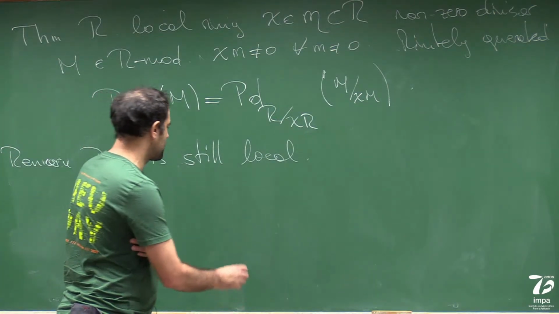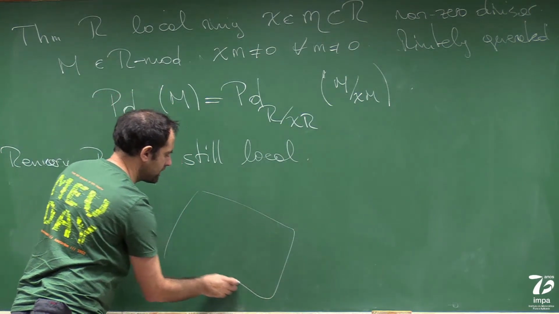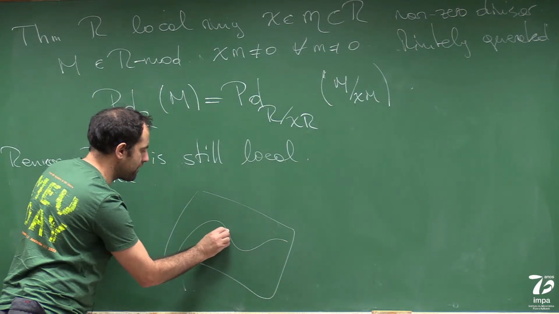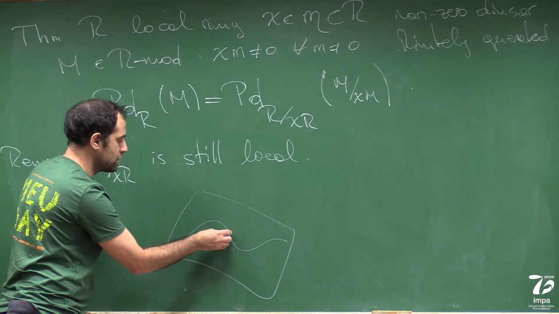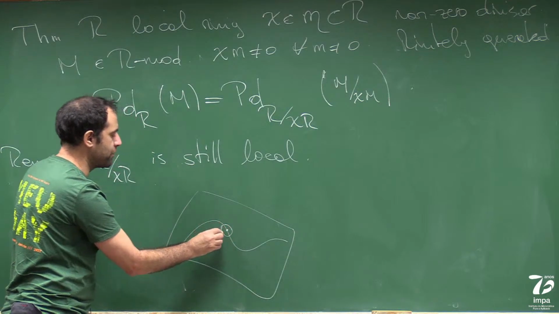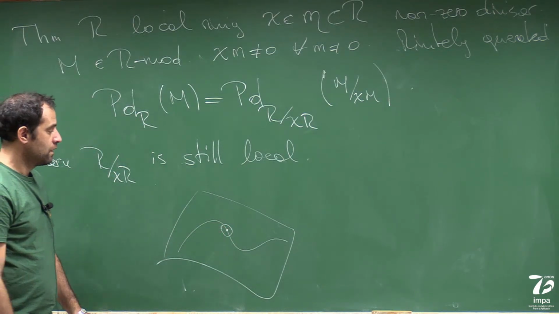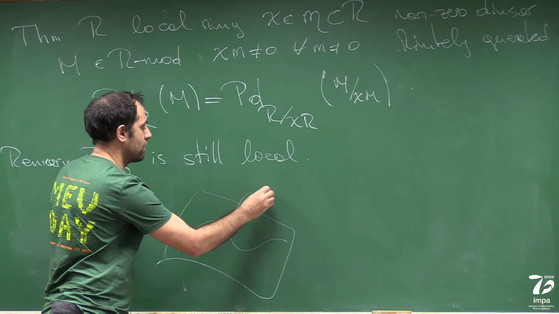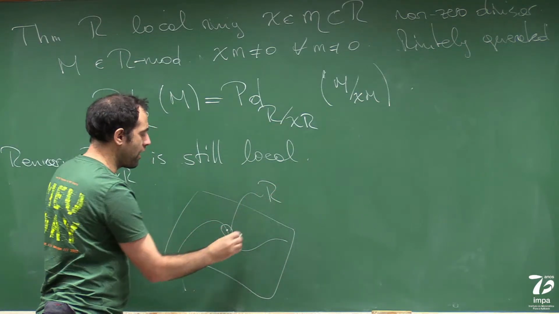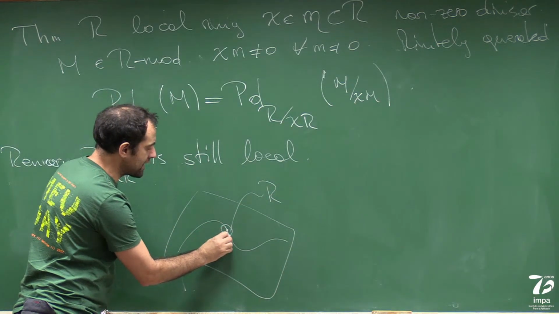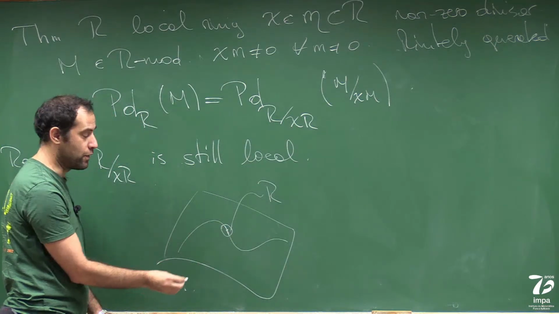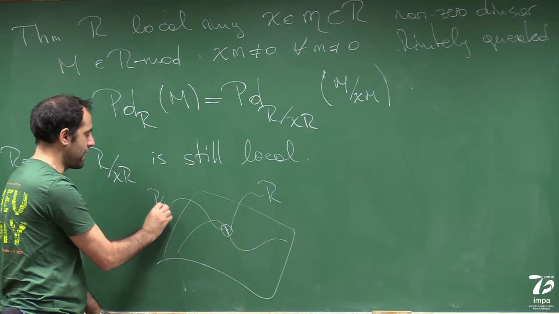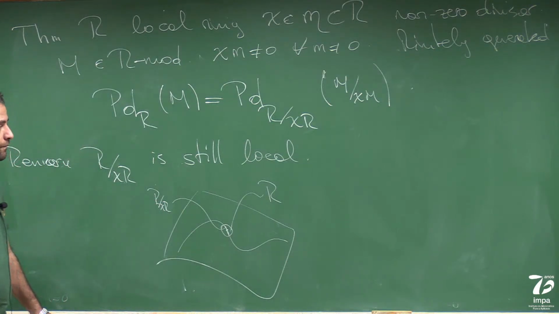You have some space, you have some subvariety, and a point inside of that subvariety, and you look at an infinitesimal neighborhood of that point inside of the ambient space. The local ring of functions here is this R, and the intersection, an infinitesimal neighborhood of the point inside of the subvariety, is this ring R/xR.